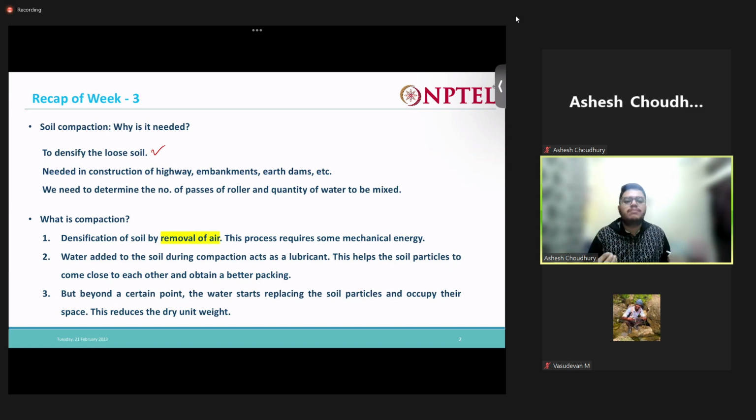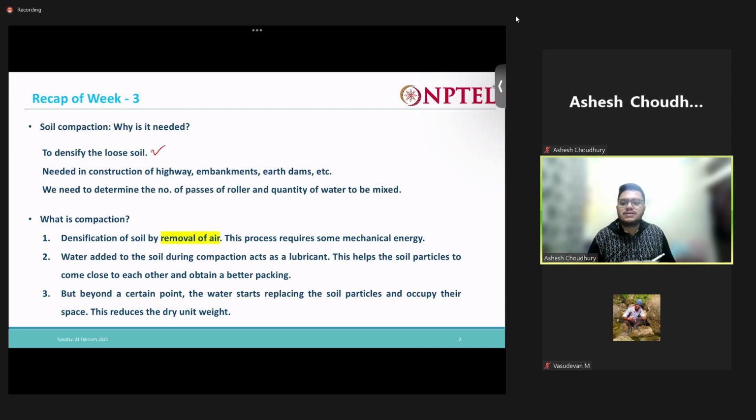For constructing an embankment, certain criteria are there, such as the density of soil in the embankment that you should maintain. A certain density you should maintain, that is the main criteria. Now, in order to maintain that density, you need to mix some amount of water in the soil so that you can densify the soil during construction of the embankment.